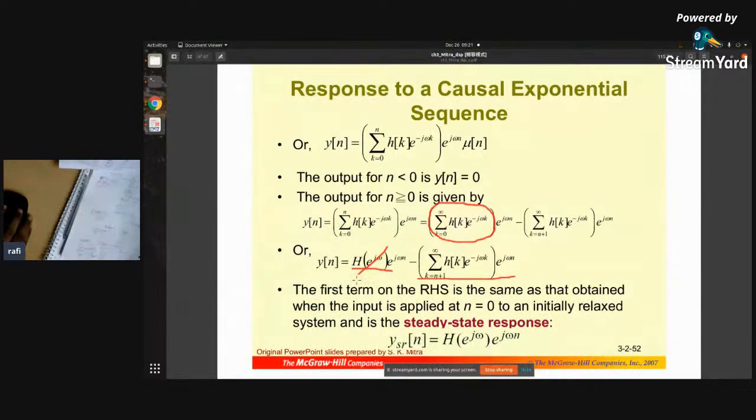The first term we call the steady state response, and the second term the initially relaxed response.